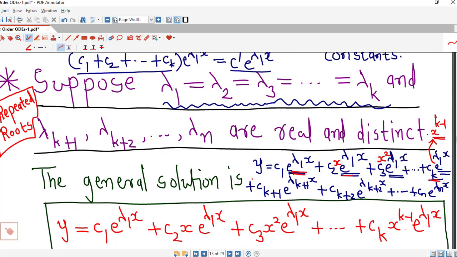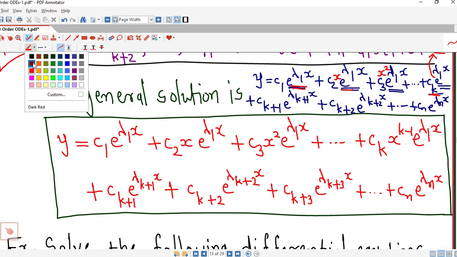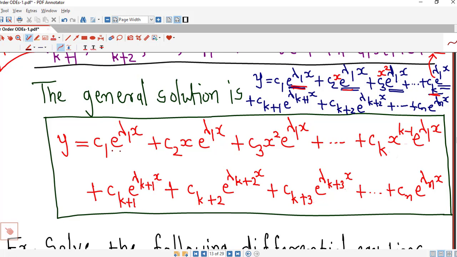So in this case, if the first k roots are equal and the remaining roots are different, the general solution will be in this form: y equal to c1 e raised to lambda 1x, c2 times x e raised to lambda 1x, c3 times x square e raised to lambda 1x, ck times x raised to k minus 1 e raised to lambda 1x, and the remaining roots are different.